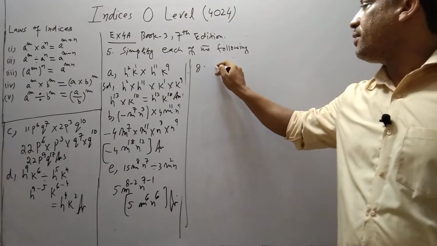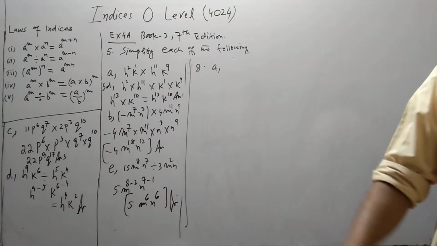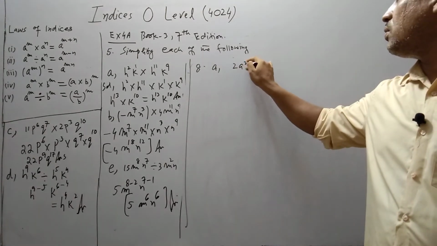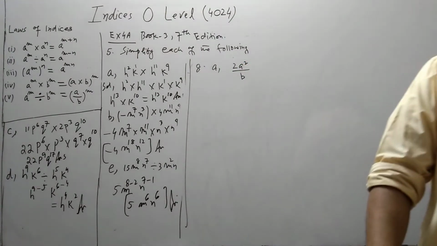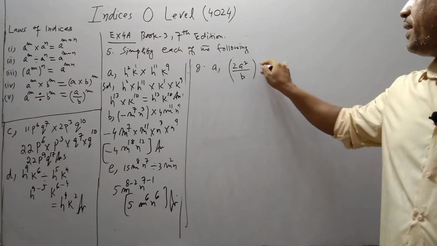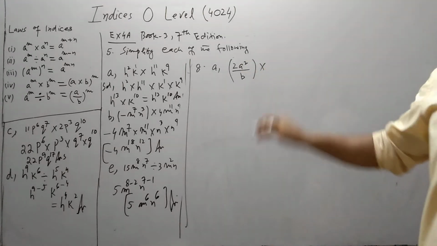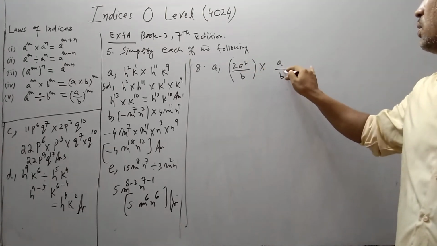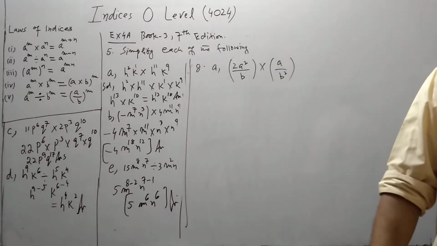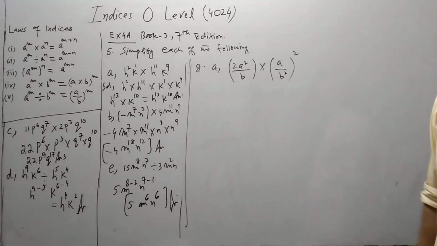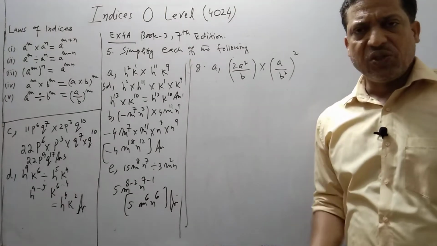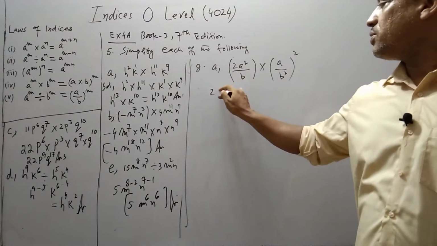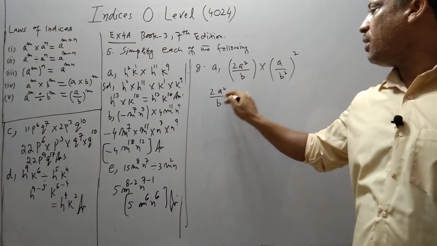See part A. 2a square upon b multiplied by a upon b square, the whole to the power 2. It's very easy, student.